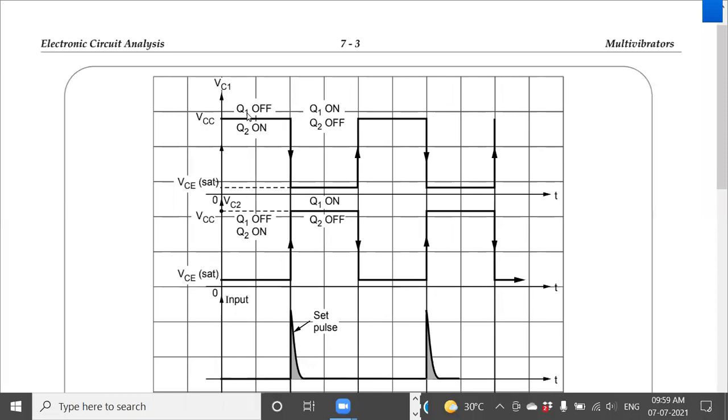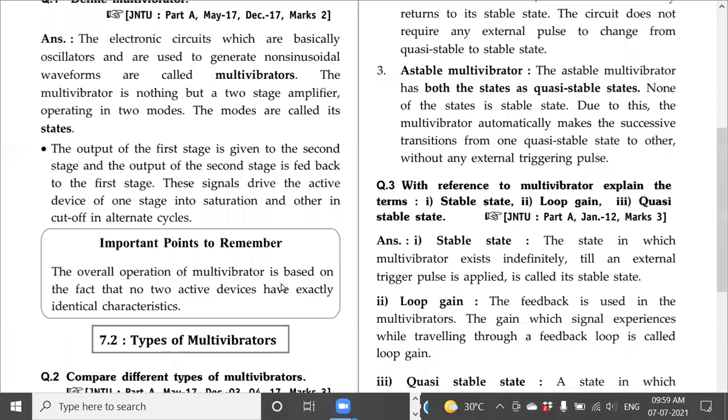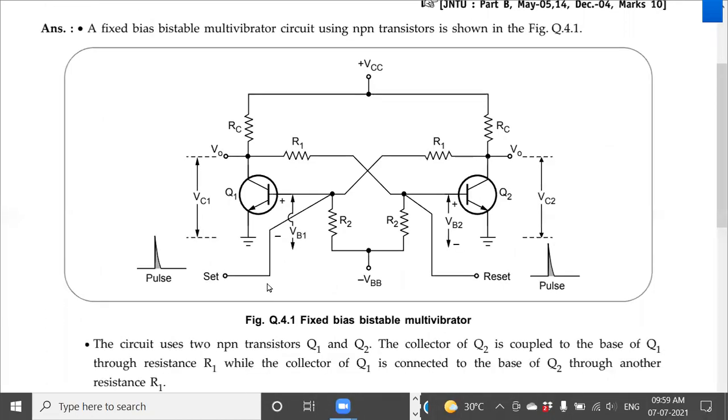Now on this, if we give a trigger, suppose a set, a positive pulse, that pulse will turn on the transistor Q1, since the P side is positive. If Q1 is on, automatically Q2 will become off.